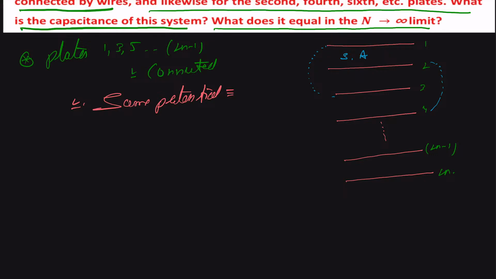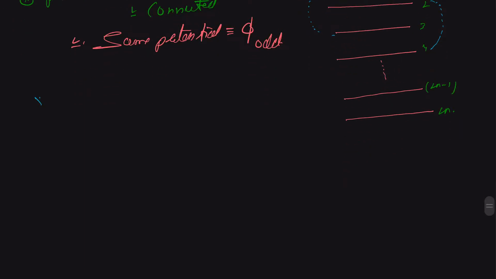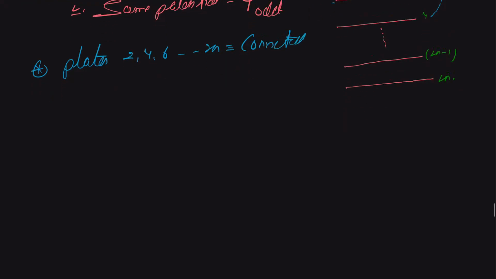Let us suppose this same potential is the potential of the odd plates, because they are simply odd numbers. Similarly, we have the plates 2, 4, 6 up till 2n, which will be connected with each other, and once again they will be at the same potential, suppose the potential E1.